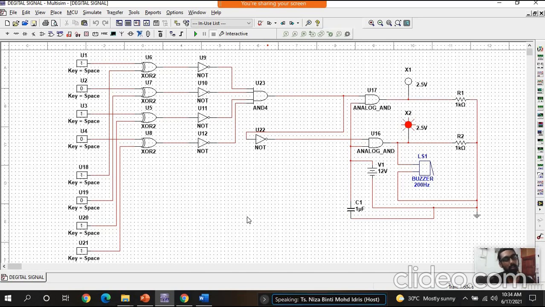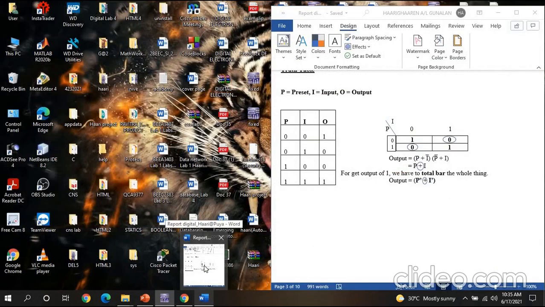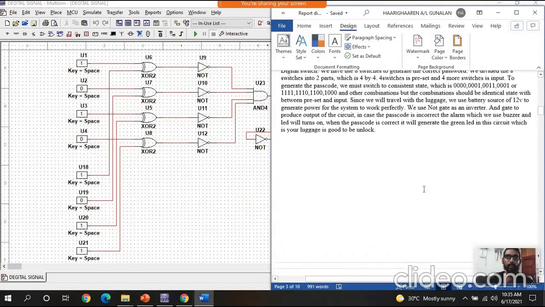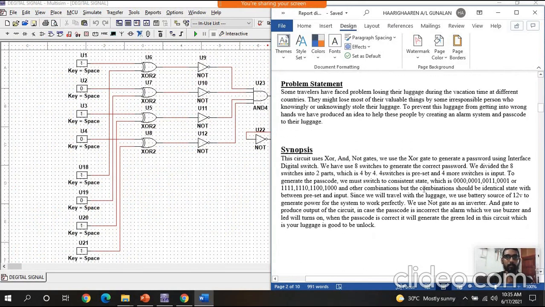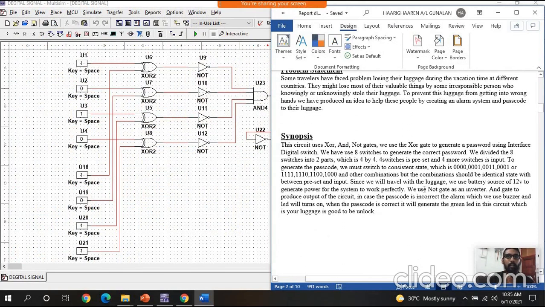No. So in practical, if the person takes your luggage, they just take your luggage and then they do not open your luggage right away in front of you for sure. Yeah. Okay. So in practical, it's actually that's why. Okay, that's why, madam. Improvement, a lot of improvement, but I like the idea so far.